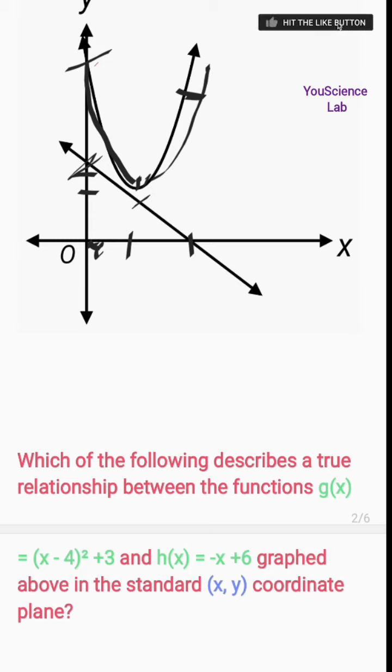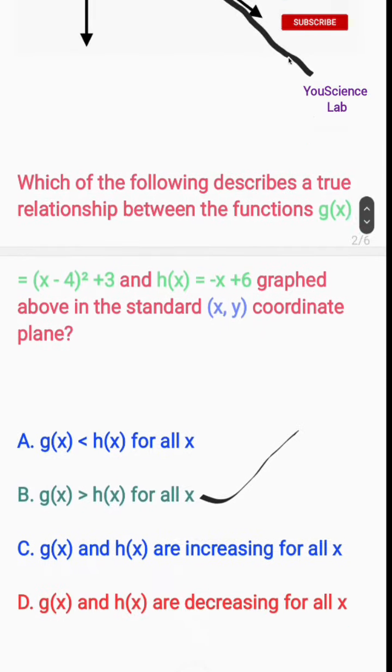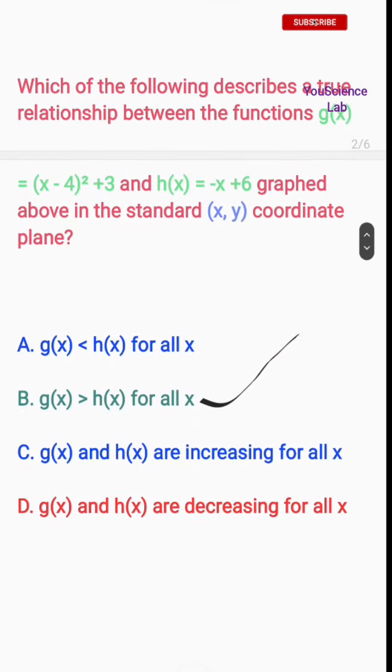So g of x first decreases and then increases. It does not increase definitely or decrease definitely. But h of x is going to decrease because it has a negative gradient. So it decreases definitely for all values of x. So from all of this, you can see that option B is the only right option.